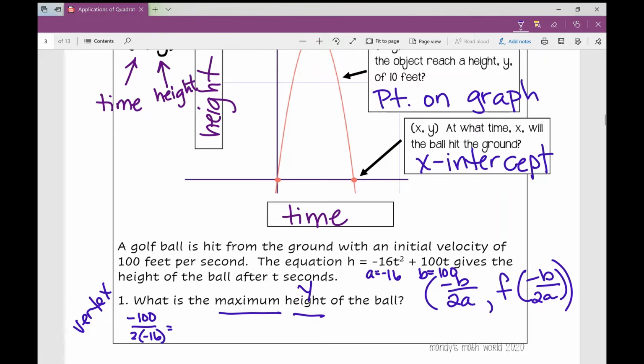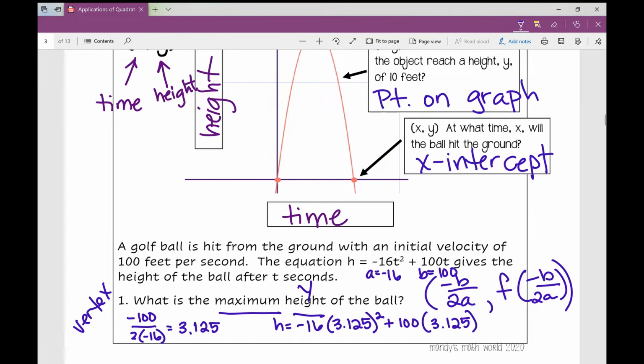And I've already got that figured out. You can use your calculator, or if you have a teacher that does not want you to use your calculator, you can actually do the arithmetic. It's 3.125. So when I plug in 3.125 for x into my equation, I get h equals negative 16 times 3.125 squared plus 100 times 3.125.